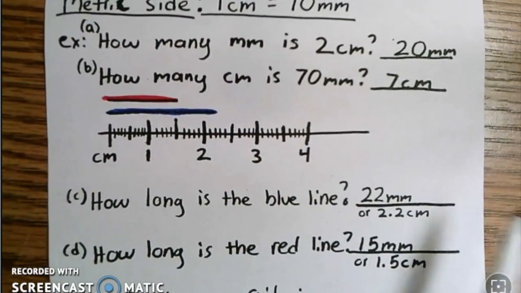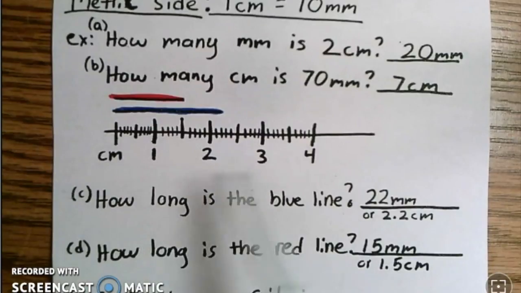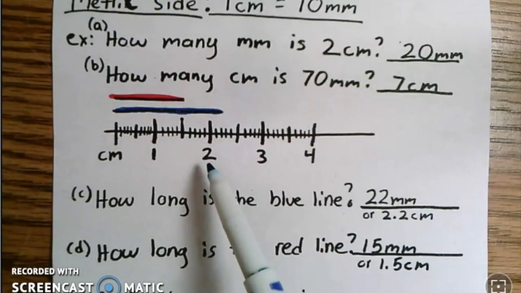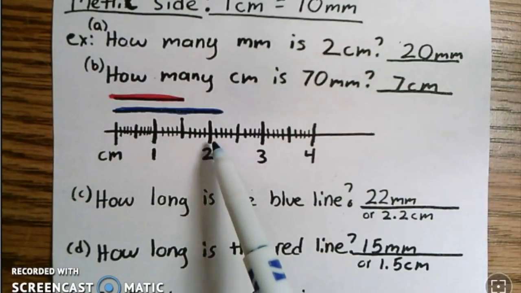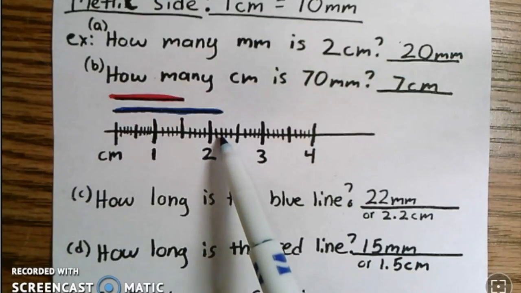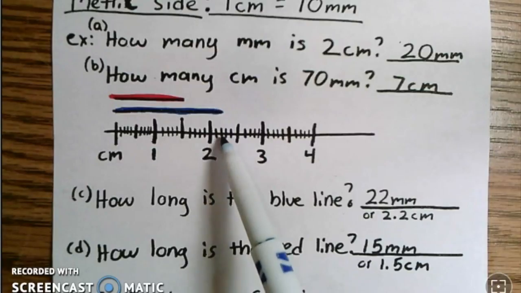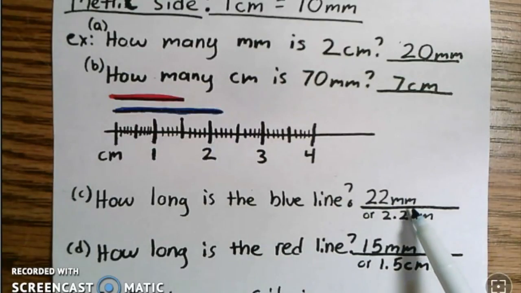All right. Another example might show you a ruler and ask, how long is the blue line? So here, my blue line goes to there, and I'm going to see that there's 2 centimeters plus 2 millimeters, and this would be like 20 millimeters, so 22 millimeters, or I actually could also write 2.2 centimeters.